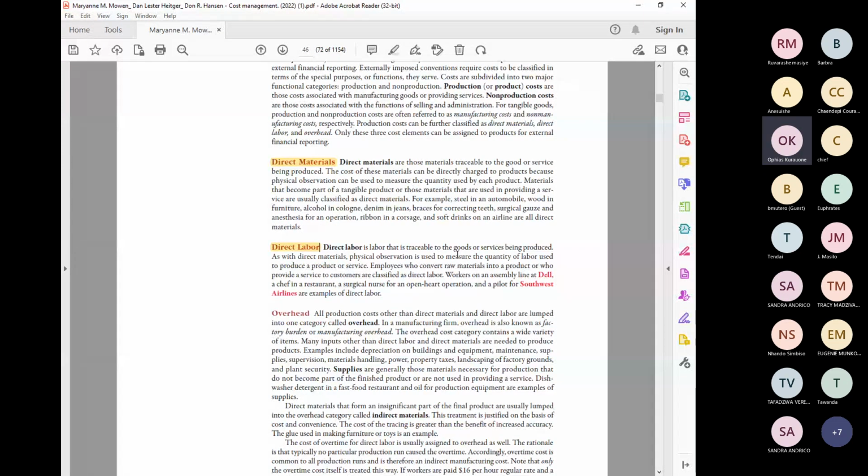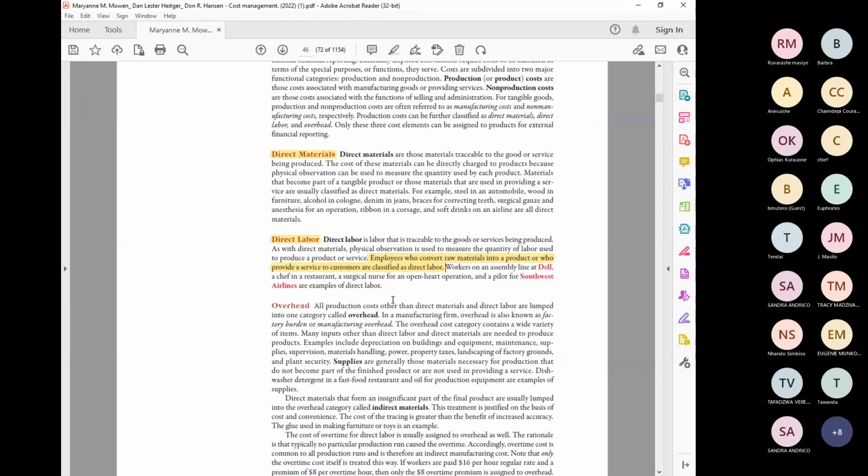Labor that's traceable to the goods or services being produced. As with direct materials, physical observation is used to measure the quantity of labor used to produce products or services. Employees who convert raw materials into products or who provide service to customers are classified as direct labor. I think we are together here.